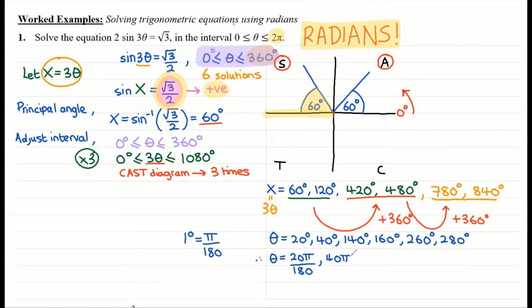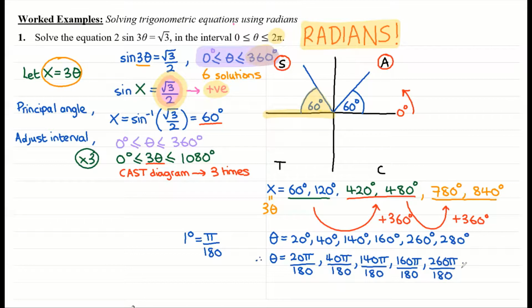40 pi over 180. 140 pi over 180. Keep going. 160 pi over 180. 260 pi over 180. You probably want to fast forward this bit.